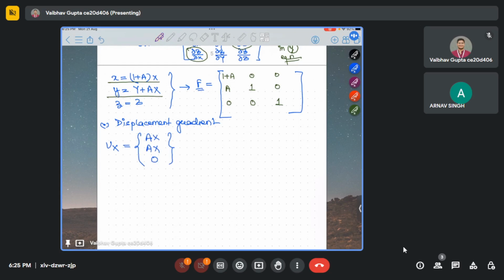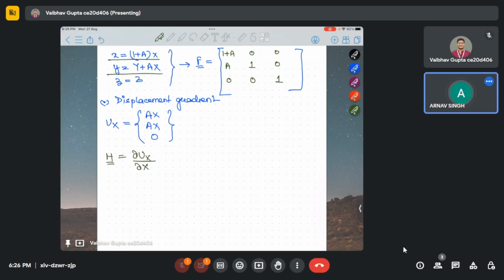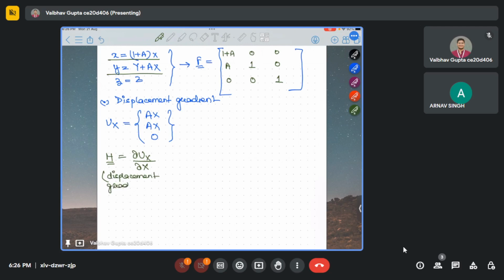And I told you just in the starting of this class, capital H is equal to dou U capital X by dou capital X. This is nothing but displacement gradient in material form.